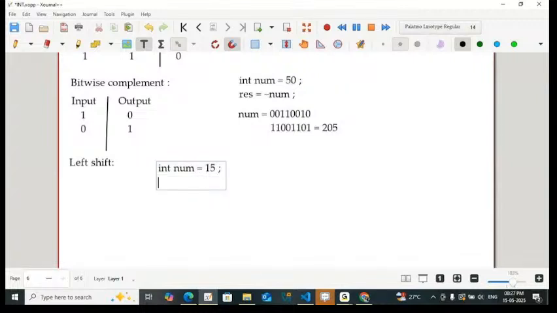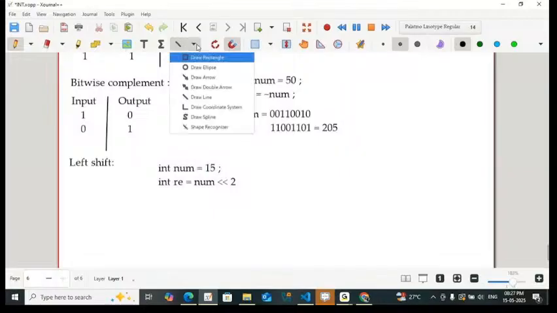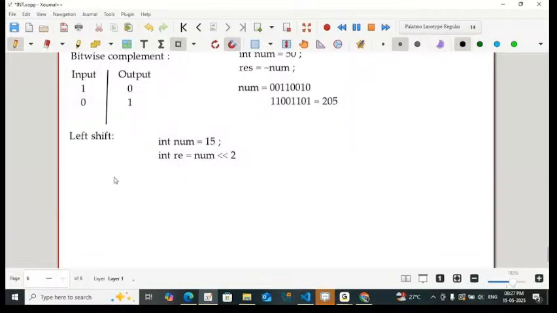So I want to do number left shifted for 2 times. Okay, res is equal to number left shifted for 2 times. So I first represent number in binary with the help of 8 bits, like this.